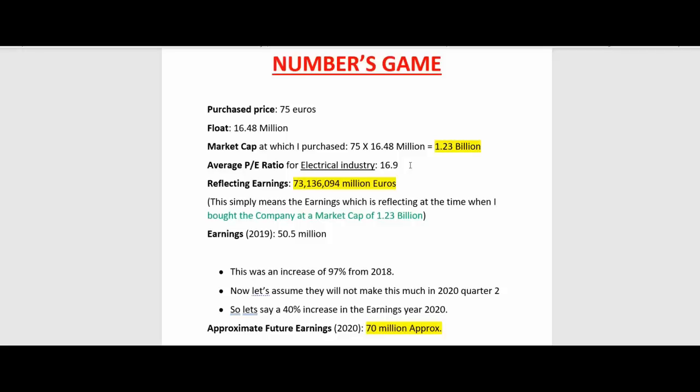In this case, I took a believable PE ratio, 16.9, which is below 20 or 25, which is quite a good PE ratio for any industry, and this gives me a reflected earnings. Reflected earnings is just market capitalization, which I got from the previous calculation, divided by the average PE ratio, and this gives me reflected future earnings of 73 million euros.